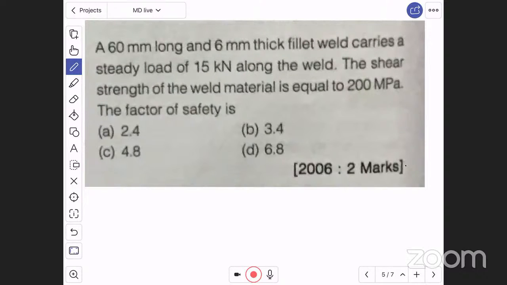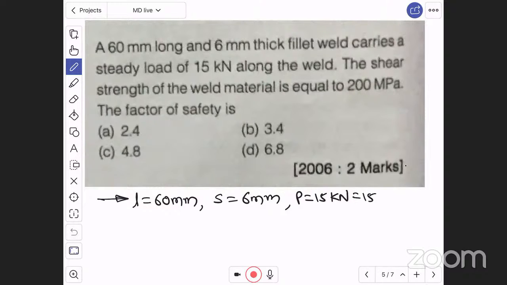Here the length of welding is given, 60 mm. Thickness means thickness of plate, which means leg size, which is nothing but 6 mm, and it carries a load of 15 kilonewton, which we can say as 15000 Newton. In Newton, this is the load.